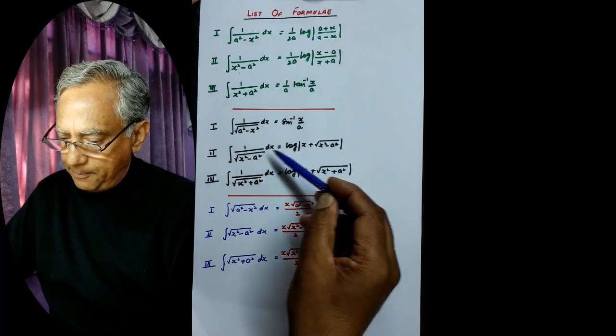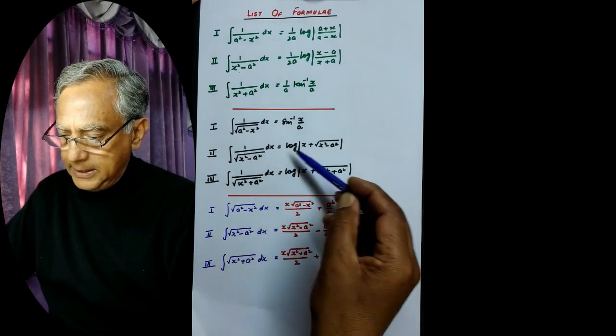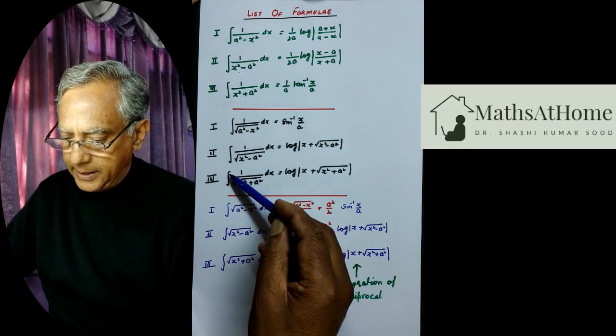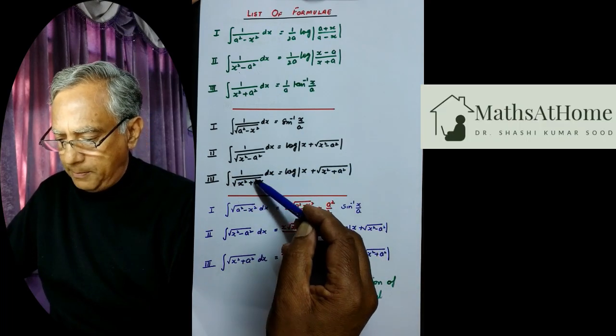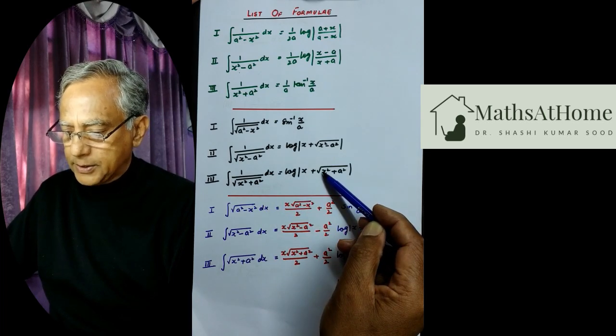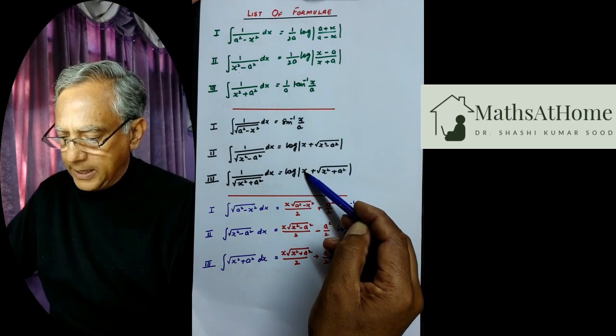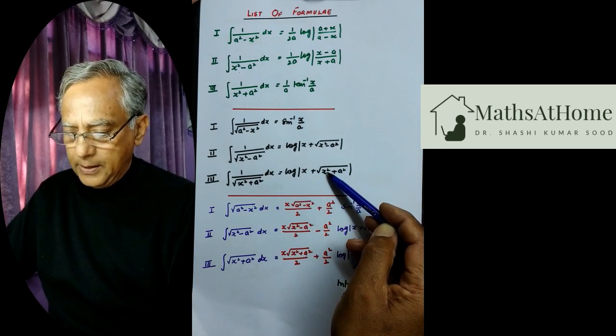And integral of 1 over under root x square plus a square is log of x plus this term.